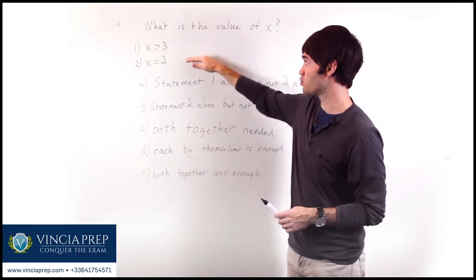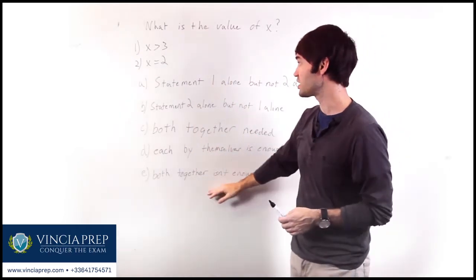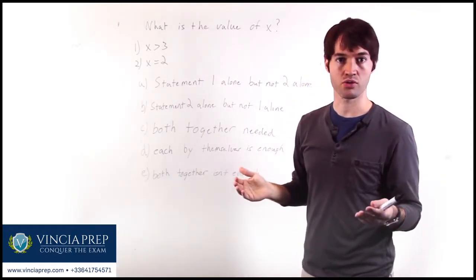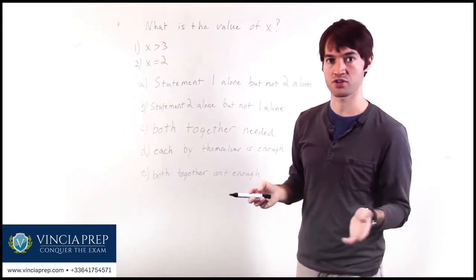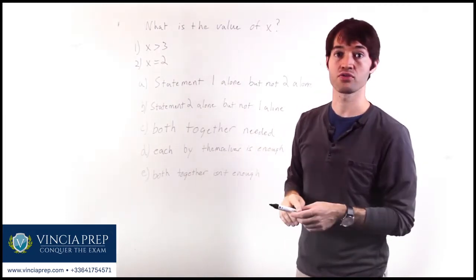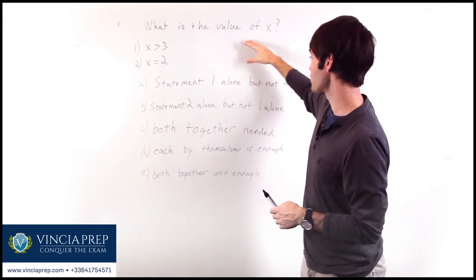D says that each one individually is enough to answer the question. And E says that even if we take both together, we still can't say it's sufficient, which means that we can say yes, no, or give one exact value for the variable we're looking for. So that's the different parts.